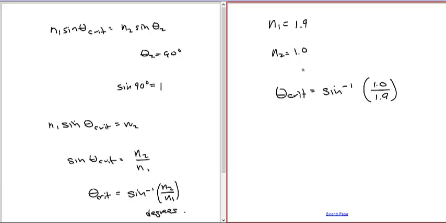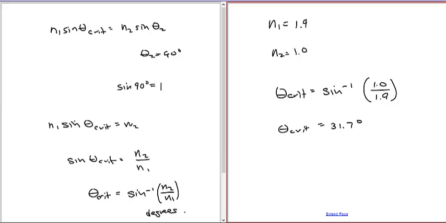And of course, it has to be that way because you can't have the inverse sine of a number unless it's between 0 and 1. So if you have those the wrong way around, you get an error. So it's pretty self-correcting as far as whether you use the right ratio. Okay, so you take the inverse sine of 1 divided by 1.9, and I get 31.7 degrees.